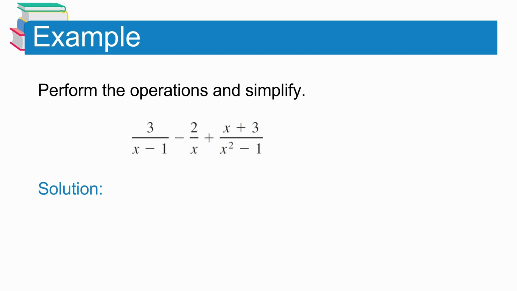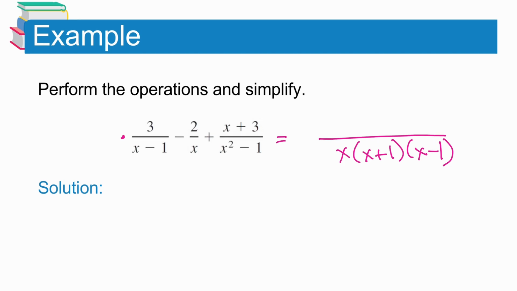So when we get the common denominator, our common denominator will be x times x squared minus 1, but x squared minus 1 is x plus 1 times x minus 1. And that'll help me here because I'll know that this first term I need to multiply by x times x plus 1.